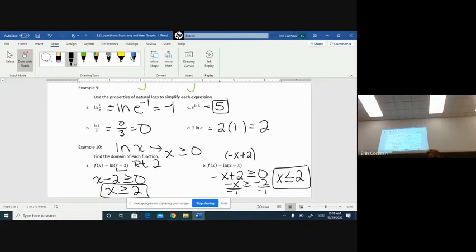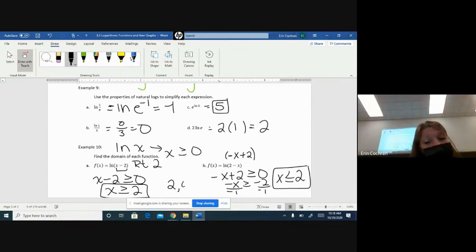Okay. All right, now I put it as inequalities. Let's go back and put it as interval notation. X is greater than 2. What is that in interval notation? 2, comma. That means 2, 3, 4, 5, 6, 7, 8, all the way to what?